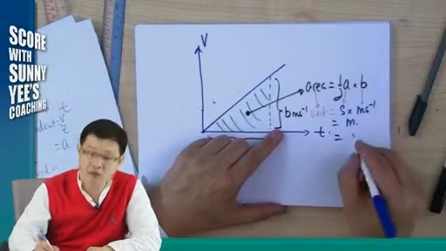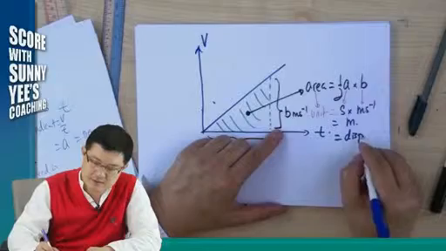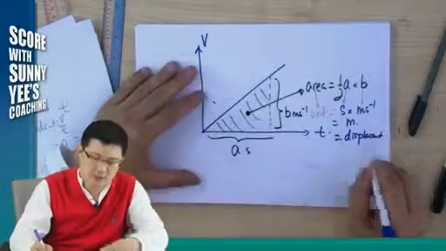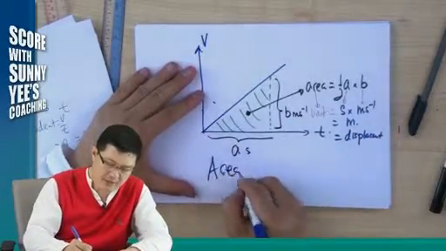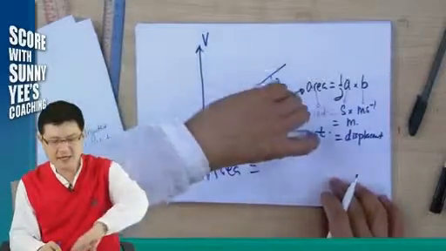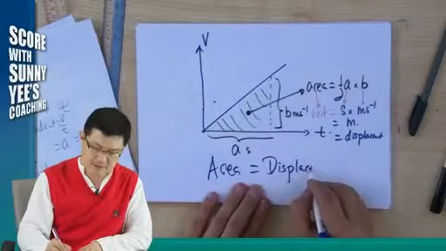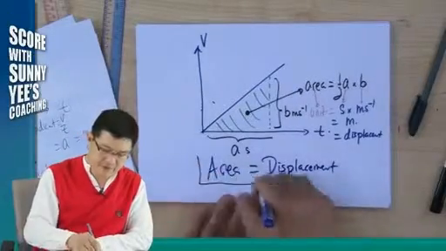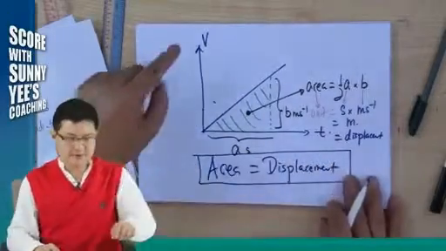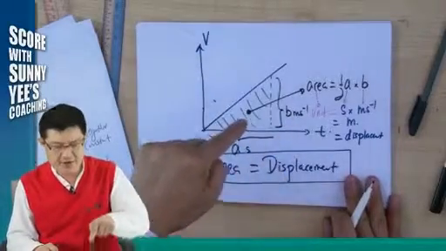Meter is the unit for what? Displacement. So in other words, the area of a velocity-time graph will give you displacement. Very important.